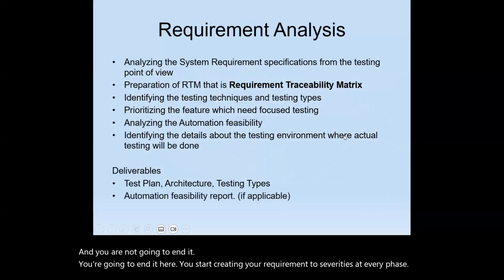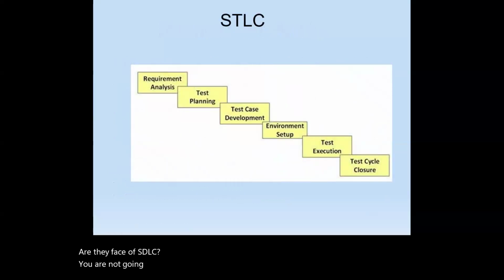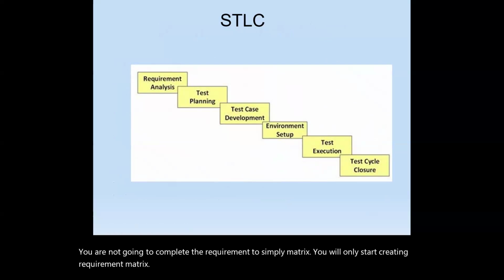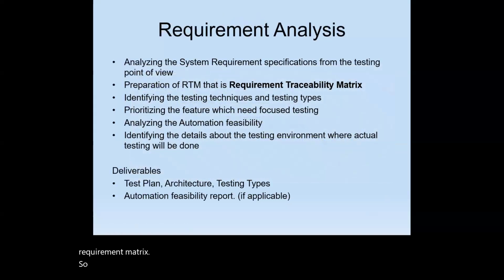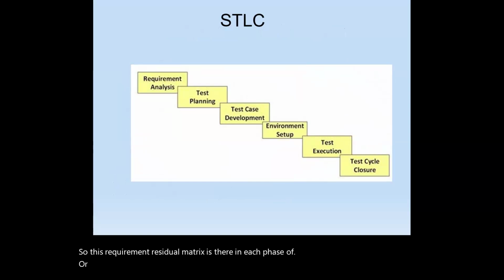of SDLC. You are not going to complete the requirement traceability matrix; you will only start creating it. So this requirement traceability matrix is there in each step and each phase of SDLC.